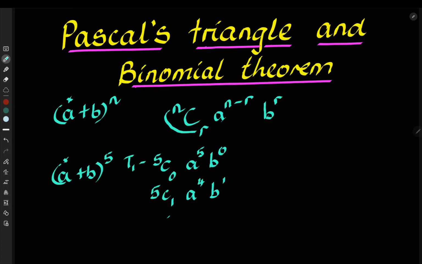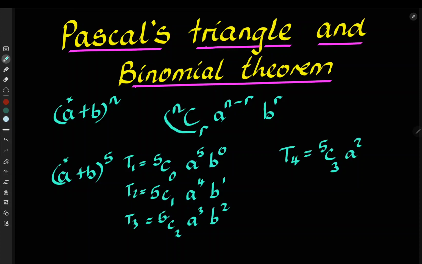Then term 3 will be 5 choose 2, a to the power 3, then b to the power 2. That will be term number 3. Then term number 4 will be equal to 5 choose 3, a to the power 2, 5 minus 3, that will be 2, then b to the power 3.